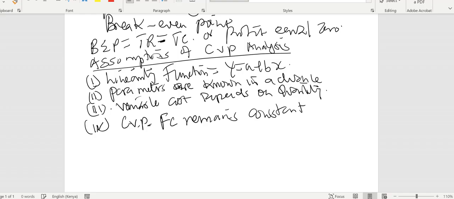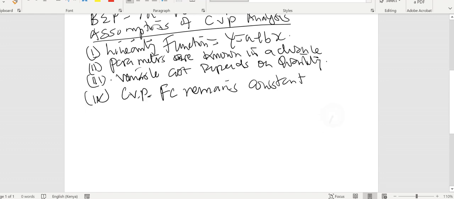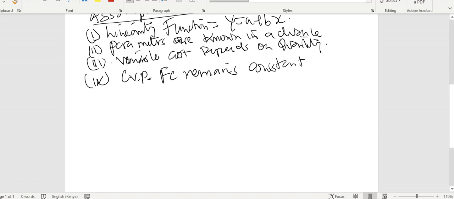So from the model, you can't miss these 4 of them. Assumptions. Just pick from the model. Fixed cost remains constant. Variable cost depends on volume or on quantity. And also an assumption of linear functions. Now, what is the CVP? Then we are building this model because we want to apply.